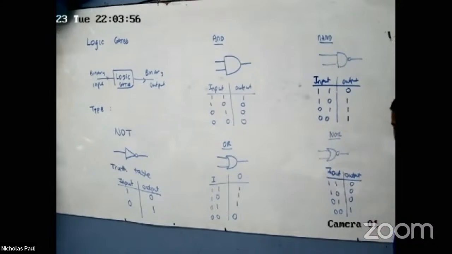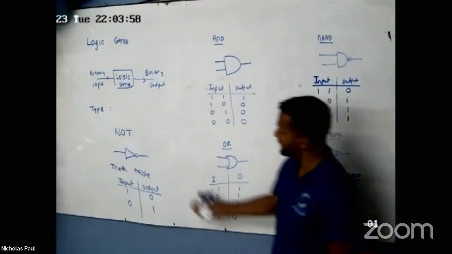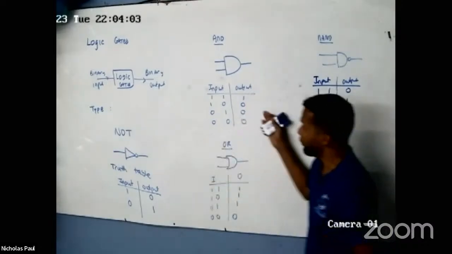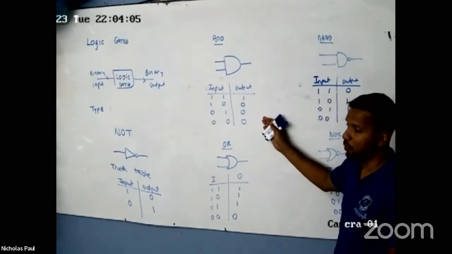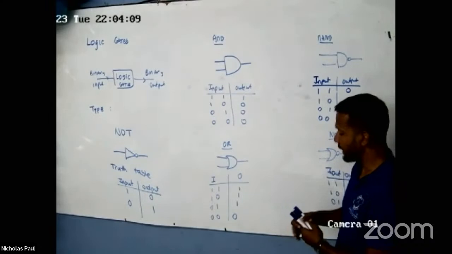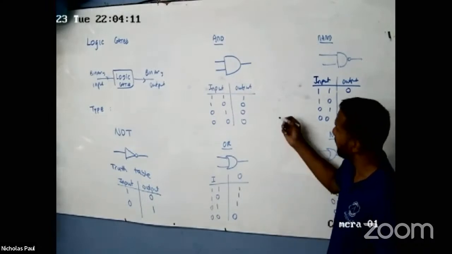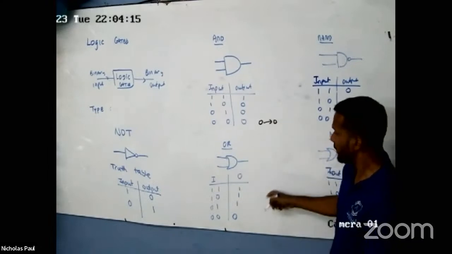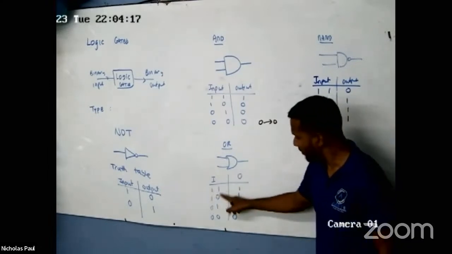All right. So take a look at them. How would you remember this? I would remember this by saying NOT is always the opposite. I would remember this by saying two 1s will give you a 1. Once you have a 0, you're going to get a 0. Right? So I always try to remember a summary. The summary for this is 0 always giving you 0. The summary here is once I have a 1, again, a 1.